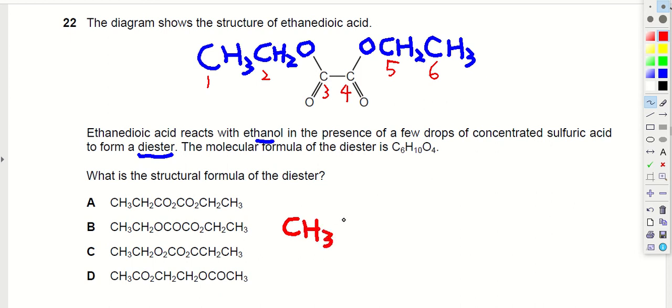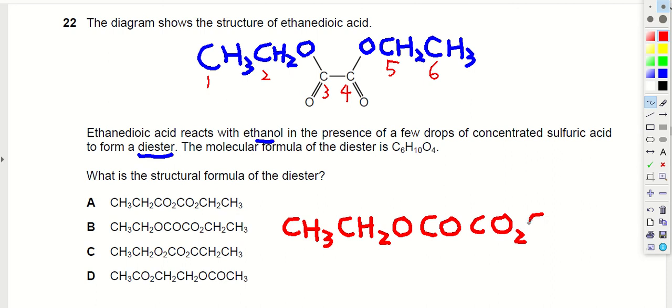Go to carbon number 2, CH2. This CH2 is bonded to O. After that, carbon number 3 is bonded to O, double bond, so CO. Carbon number 4, another CO. Now this CO is bonded to an oxygen also, so you can put O here.